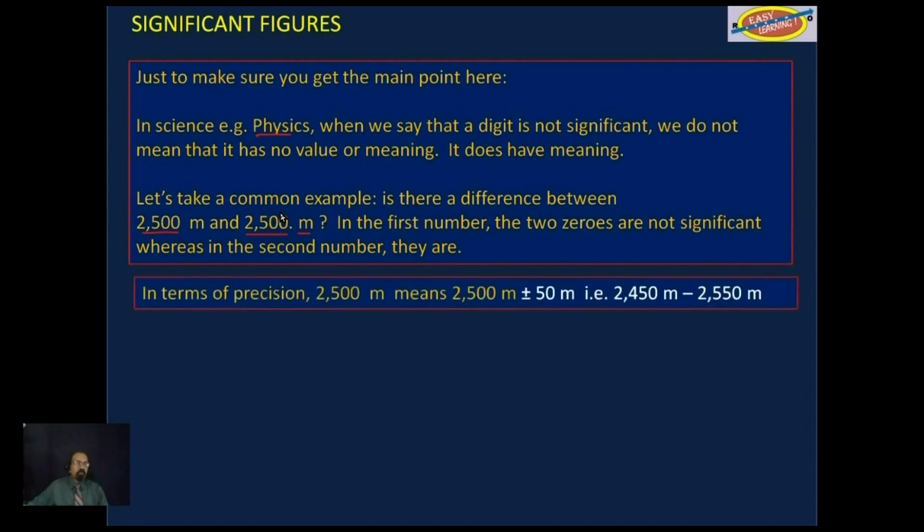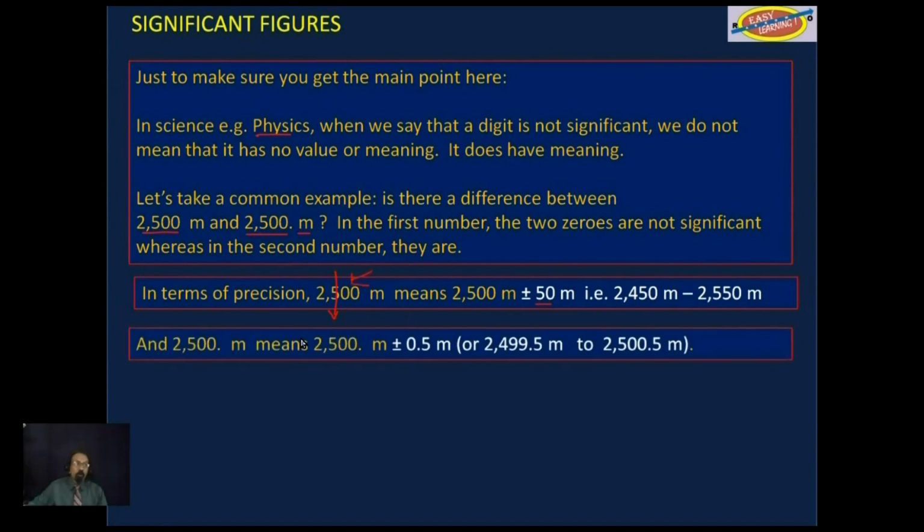So this first number here, 2,500, actually means, since the hundreds is uncertain, it will be half of that 100 more or less. So it will be 2,500 plus 50 or minus 50, which would be 2,450 to 2,550. That is this number here without the point.